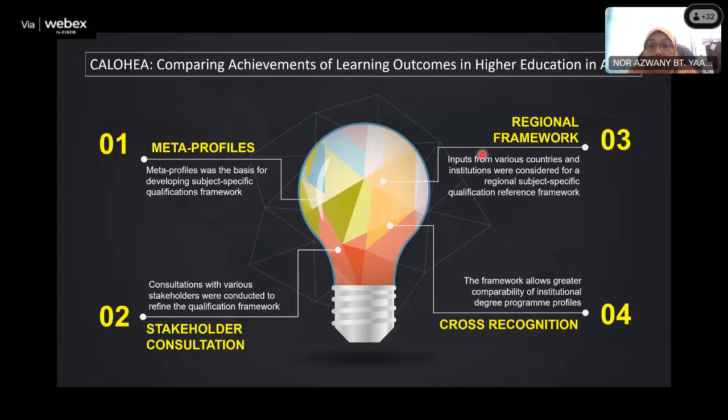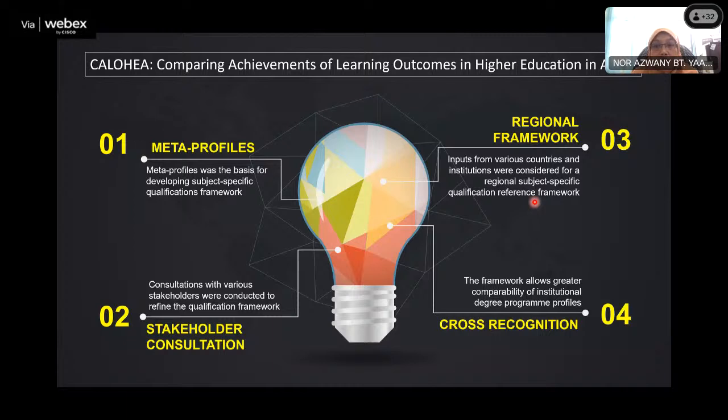Then from the inputs of the various countries of the participating universities, we make the meta profiles to be considered as a regional subject-specific qualification reference framework, which means that this is the framework that every university handling that program, in our case the medical program, uses as a reference, so that these are the standards or the competencies that we want from our graduates.